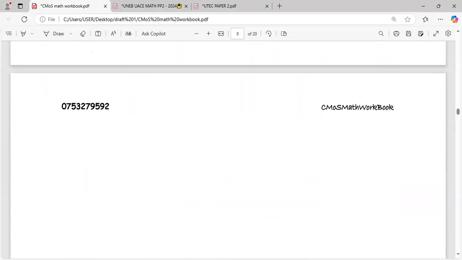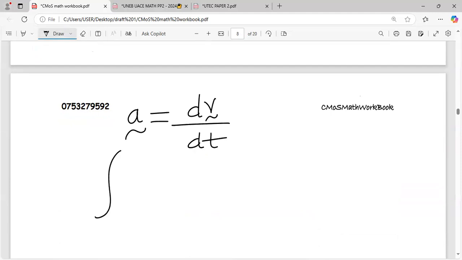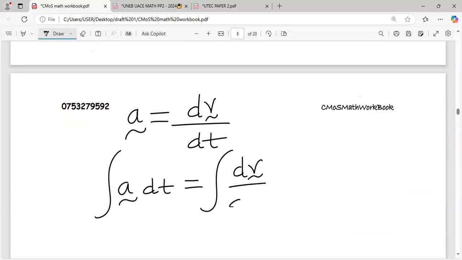Then from acceleration, which is the rate of change of velocity, integrate. When you bring the integral sign, you must bring the with respect to.